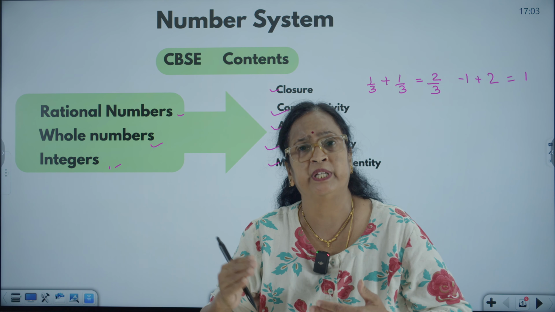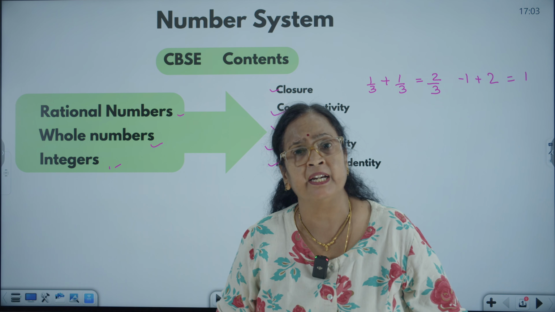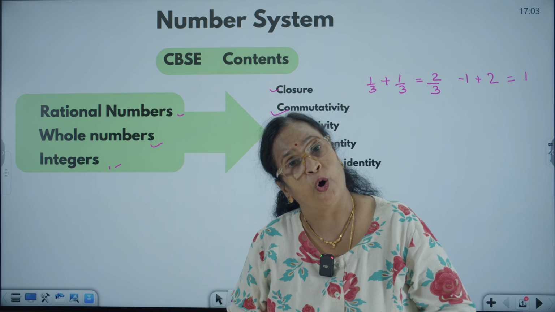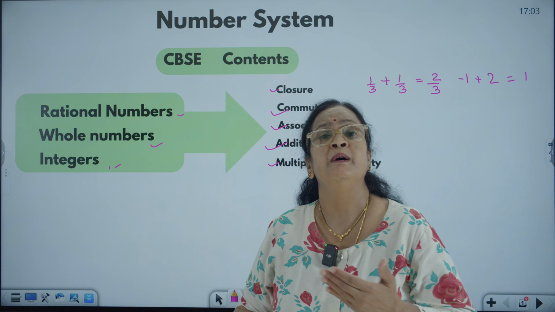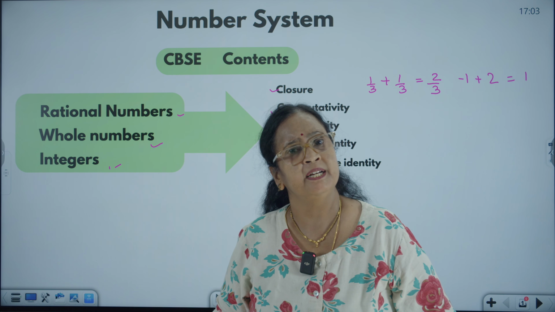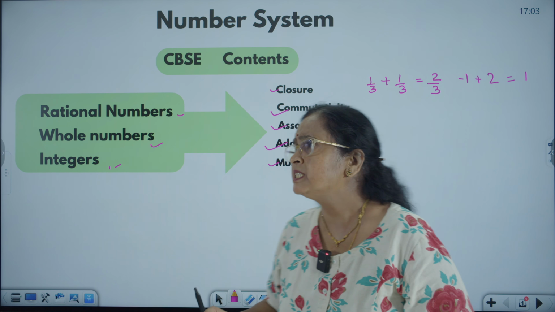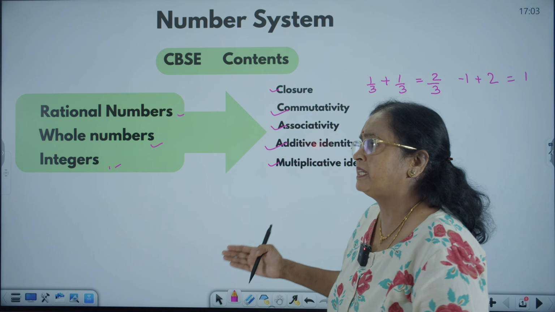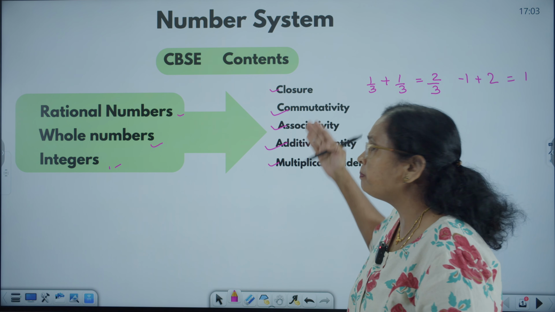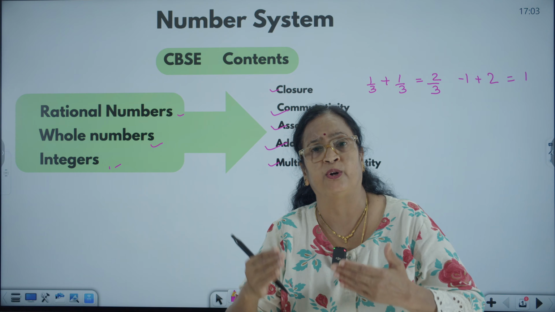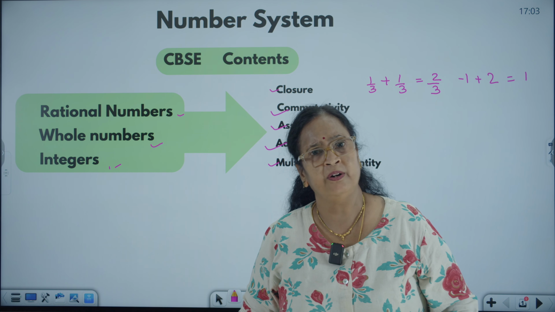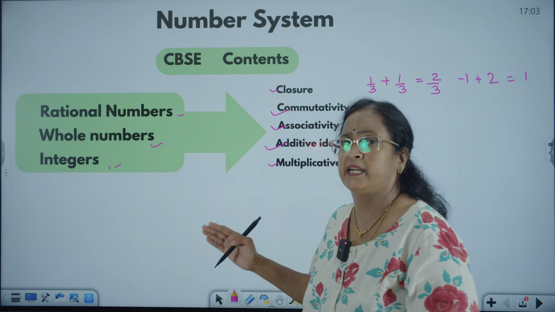When we do these, we find the one result, that all are rational numbers after the mathematical operations are done. Alright. So, this is the CBSE content, and under all these properties you will be having examples and elaboration on that topic. Alright. Now, this is CBSE content.